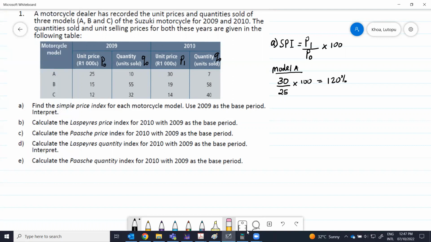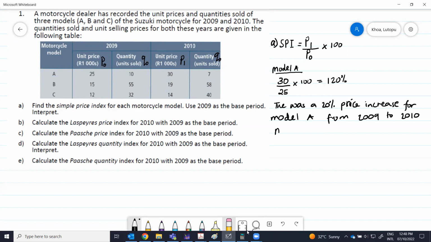So you would say that there was a 20% price increase for model A from 2009 to 2010.